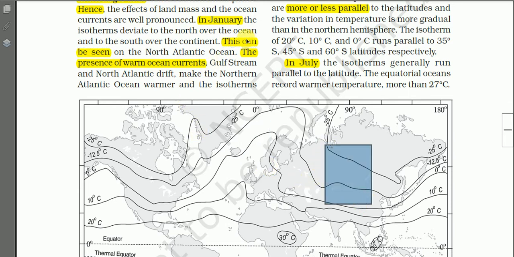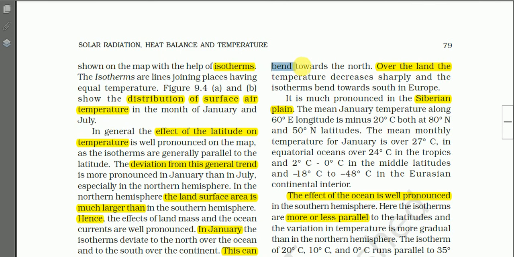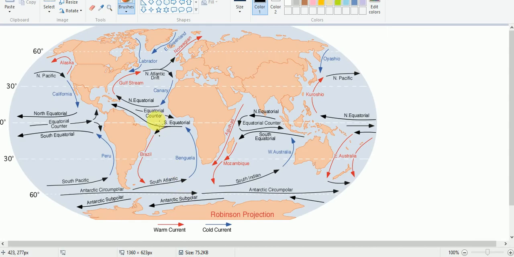The reason is given here. This can be seen on the North Atlantic Ocean, where the presence of warm ocean currents, that is the Gulf Stream and the North Atlantic Drift, makes the northern Atlantic Ocean warmer, and the isotherms bend towards the north. See here, this is the North Atlantic Ocean, and here we have this warm Gulf Stream, and this is the North Atlantic Drift.